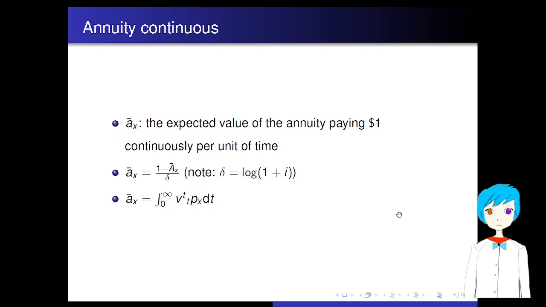Delta is the interest rate for continuous compounding, and A-bar_x is a whole life insurance. Also, another formula for calculating the small a-bar_x is the integration of v^t times the survival probability tp_x dt.